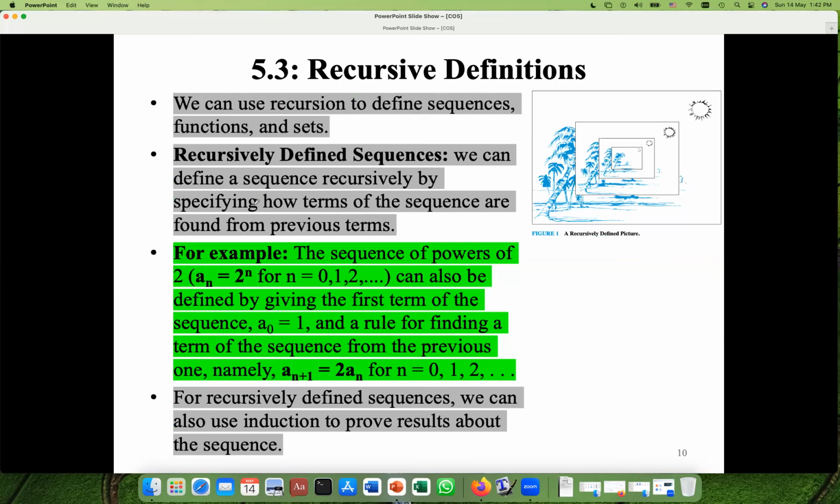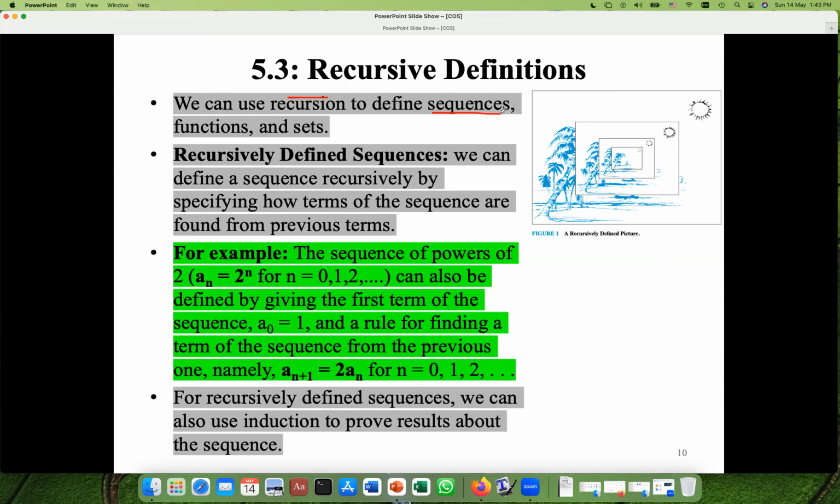You can use recursion to define something in a sequence. In mathematics, we have sequences, functions, and sets, and you can use recursion for these three things. If something is in a sequence, you can use recursion and you don't have to write the whole sequence. The recursive formula that you build will give you that whole sequence.